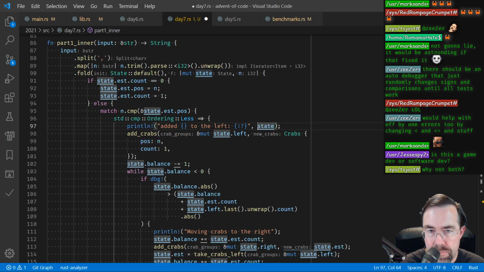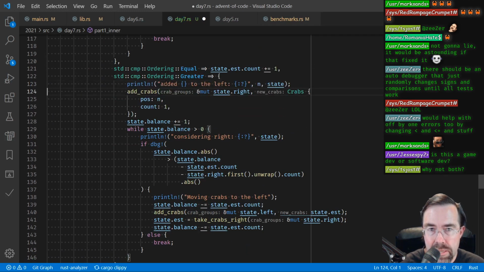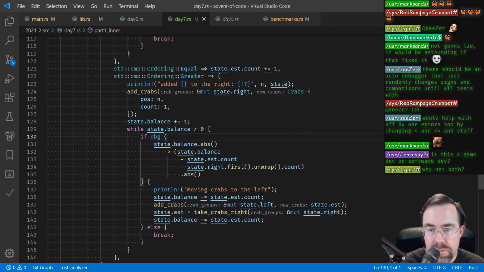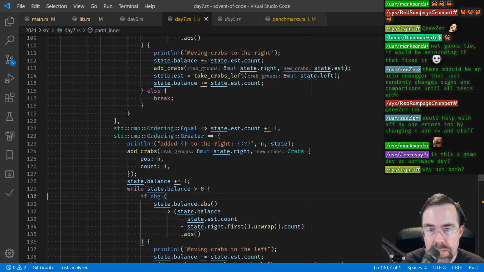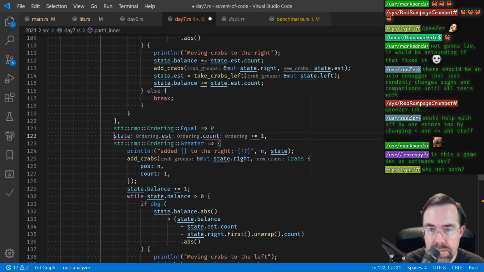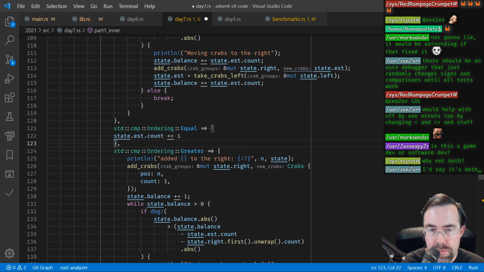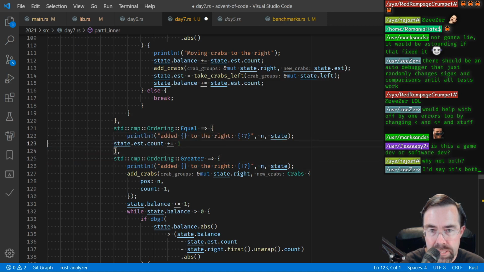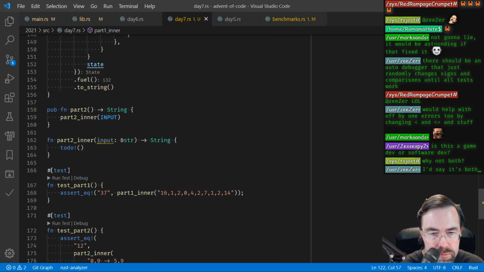So that's N. This should say added to the right, and then we can just remove this. And then this should just say added to the middle. Run.